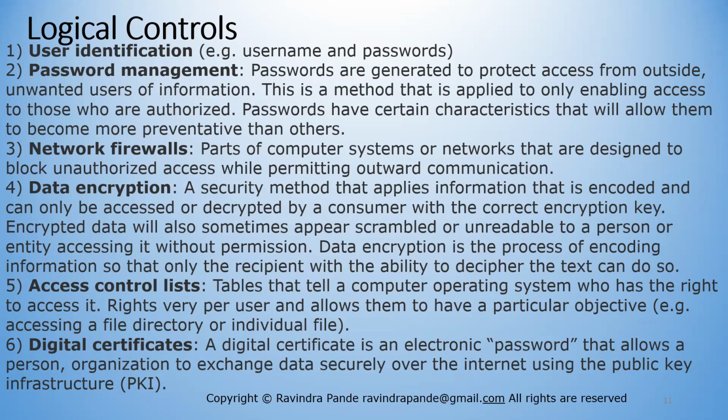We normally maintain tables that tell a computer operating system who has the right to access it, and we verify this access with password verification services. The rights vary per user and allow them to access a file or a directory or an individual file. So these are normally file-based access.